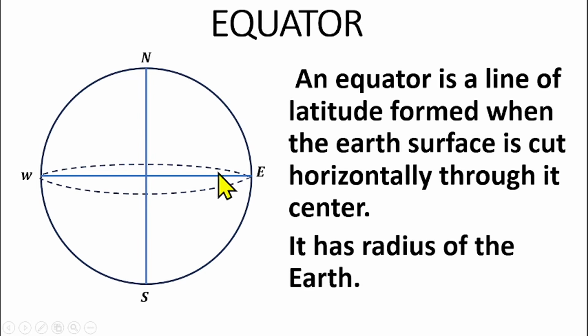So the Earth also has a radius. As such, because the equator passes through the center of the Earth, it also has the radius of the Earth. So you should be able to identify an equator when you see one, because it is a line of latitude that is formed when the Earth's surface is cut horizontally through its center.